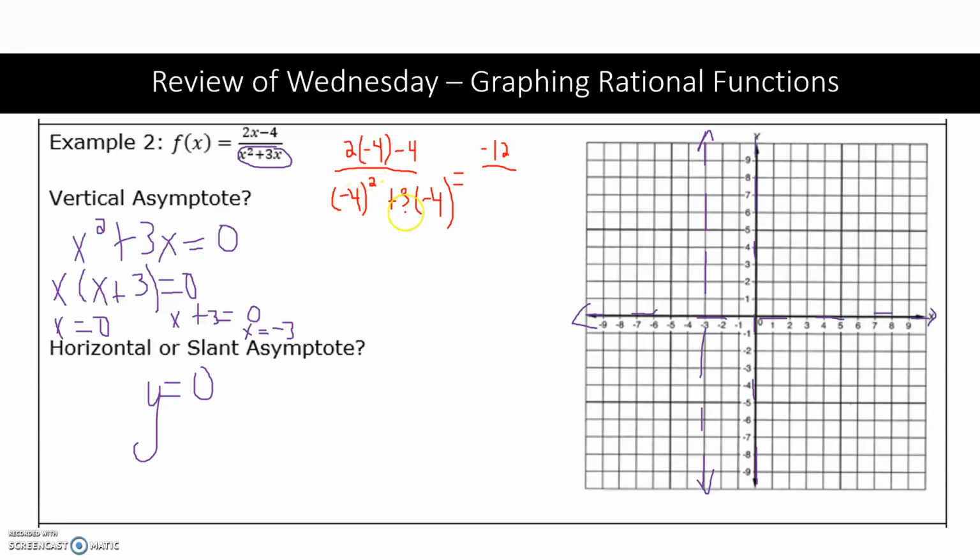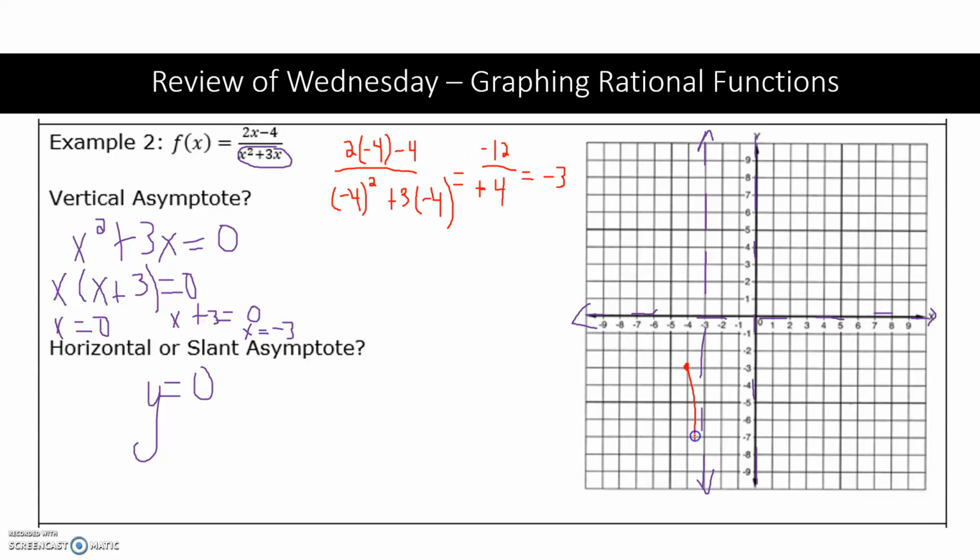Over negative 4 squared is 16, plus 3 times negative 4, which is negative 12, so the denominator is positive 4. My apologies. So that means negative 12 divided by 4 is negative 3. So negative 4, negative 3.